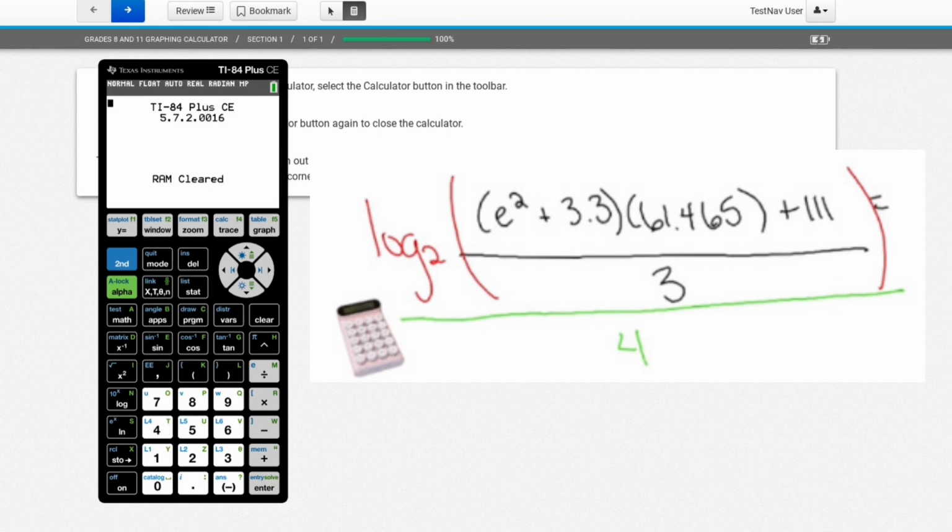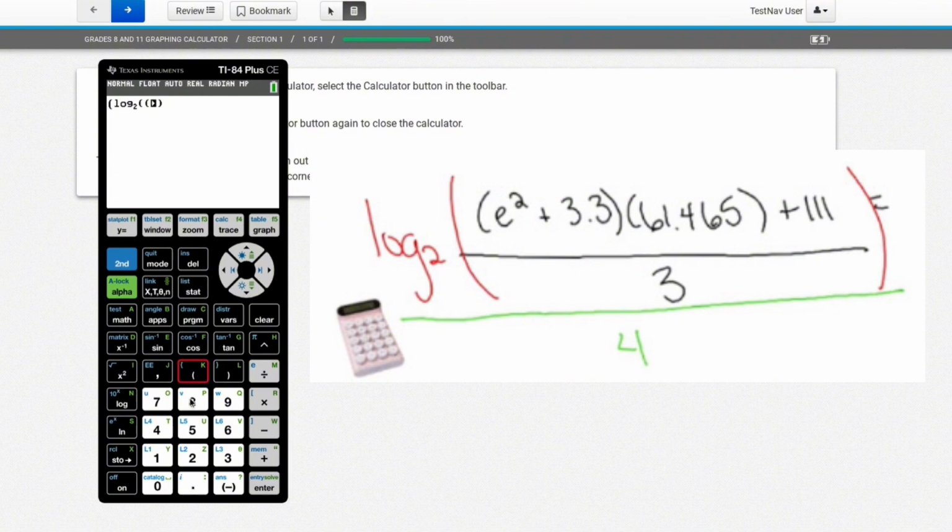So we have a huge fraction, and the fraction is that huge log thing, as you can see on the right. That's the numerator, and then the denominator is 4. So I'm going to wrap the entire numerator in parentheses. Now there's a little secret for log: if you hit math and scroll up a few times, there's log base. What that does is it allows you to plug in log base 2. Before you would have to do the change of base formula, not anymore. Now what I have is a really big fraction, and with really big fractions, I like parentheses.